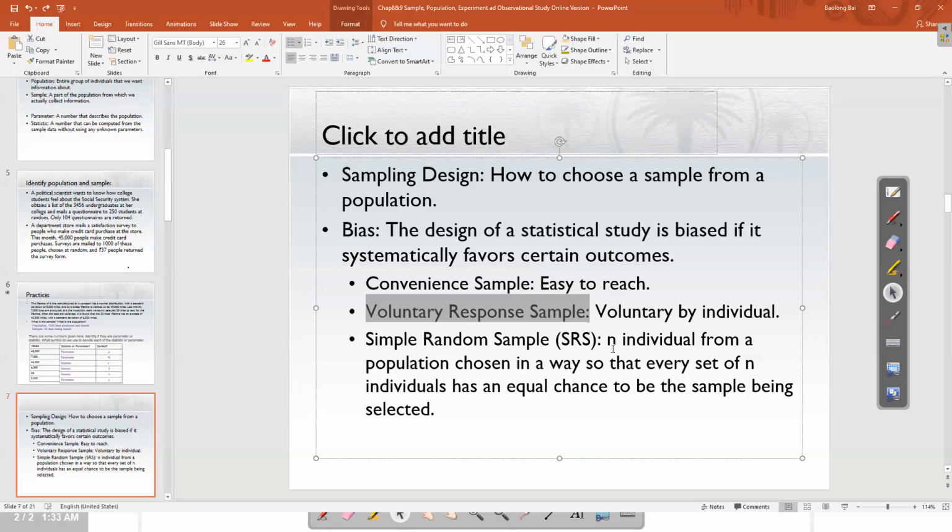So convenience sample and voluntary response sample, neither of them are really a random sample. There's no random process in either of them. So they could introduce bias. For example, if we talk about the voluntary response sample for the course evaluation, when do you feel like you want to be part of the sample for evaluating the instructor that you have for any semester?